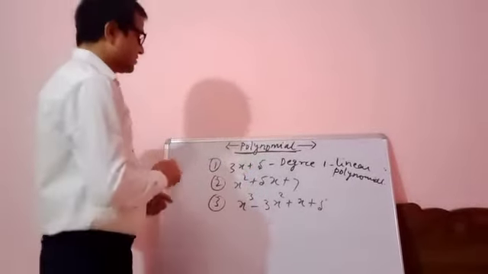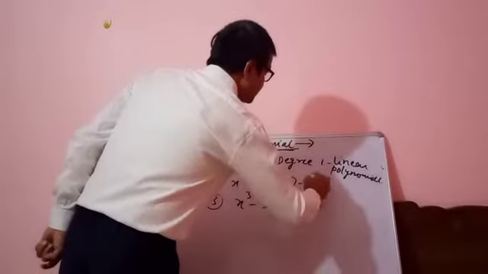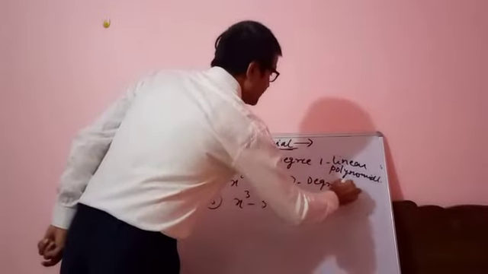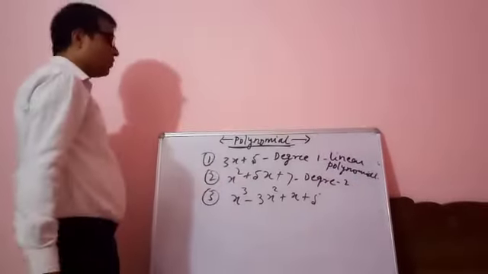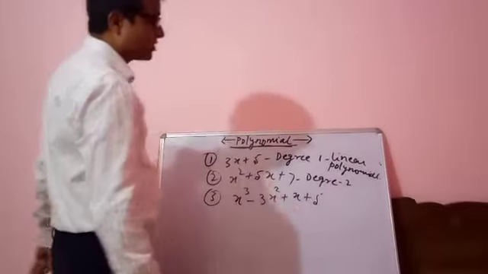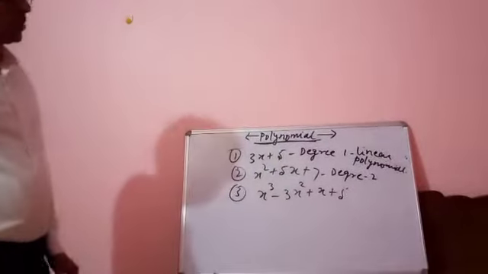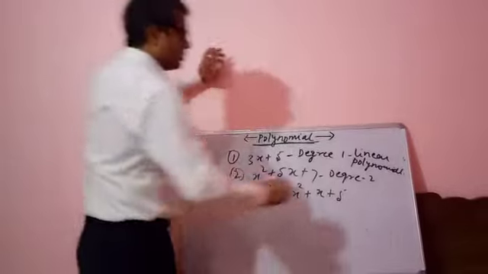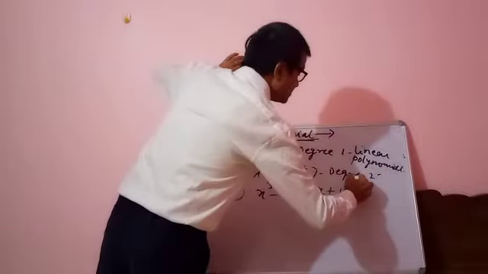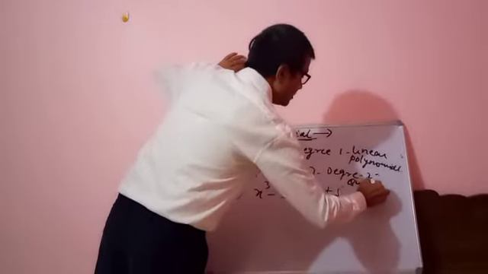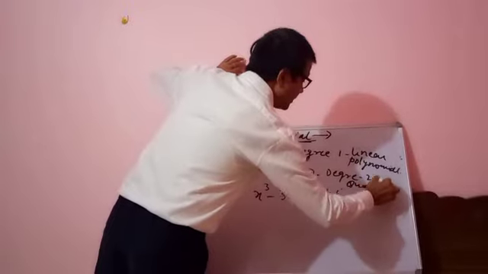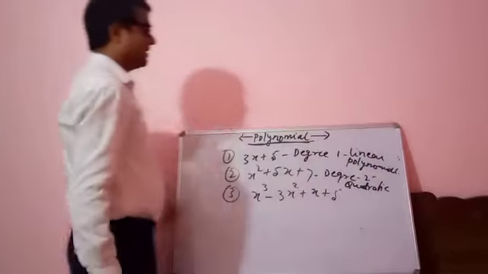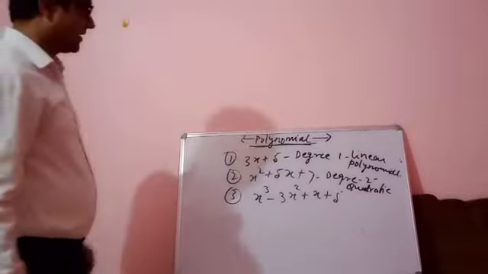In this case, what's the maximum degree? 2. You know what this is called? This is called a quadratic polynomial. Degree 2 is called a quadratic polynomial.